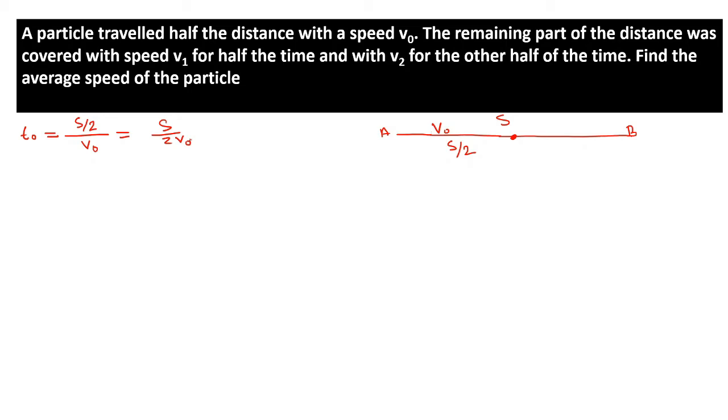Now, the remaining part of the distance was covered with speed v1 for half the time. Let us consider these half times as t1 and t2.